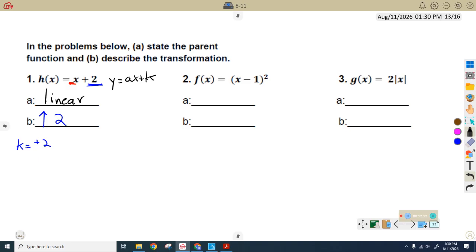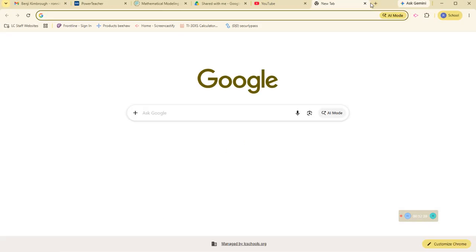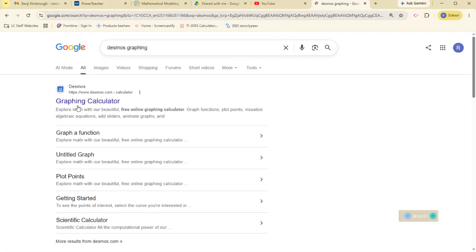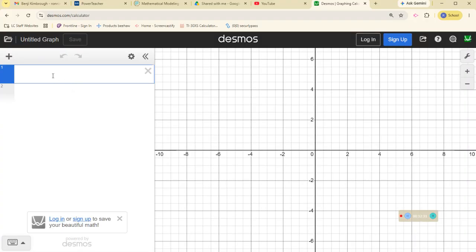Now, I know some of y'all are like, what does that mean? Watch. Bear with me. Like teddy bear with me. All right. Our parent function for a linear is this.